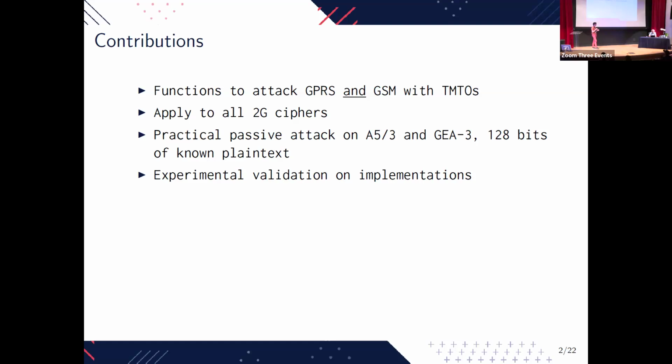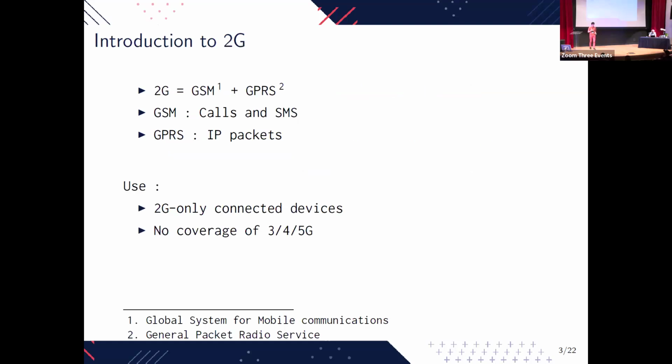This is a black box analysis, so it applies in fact to all 2G ciphers. And this allows for practical passive-only attacks against A5/3 and GEA3 encryption algorithms using only 128 bits of known plaintext. We've not computed the entire table, but we've performed extensive validations of the various hypotheses and how everything works.